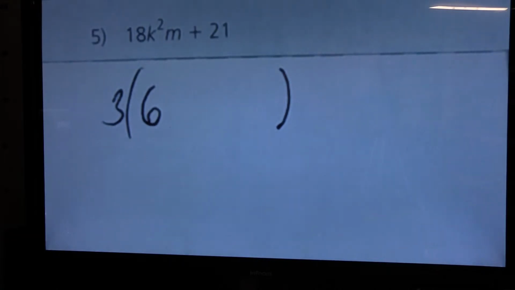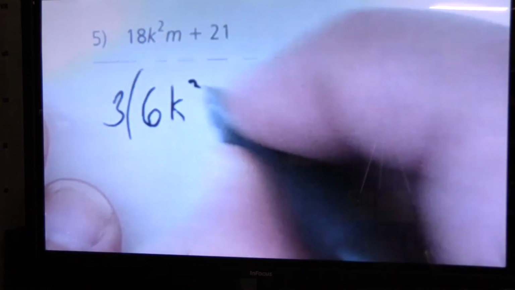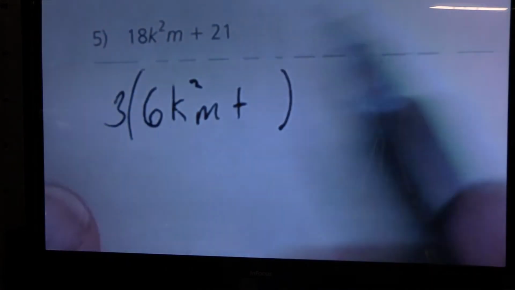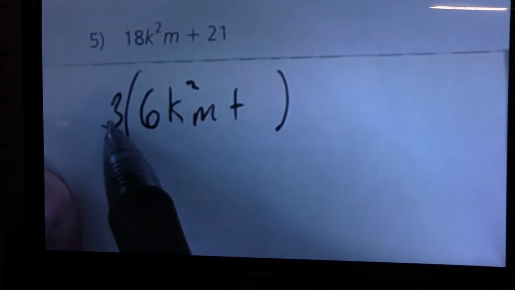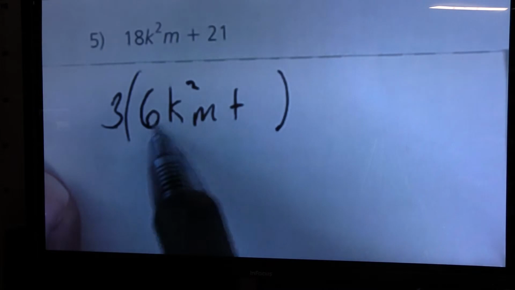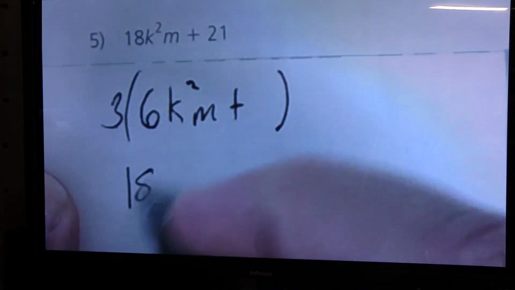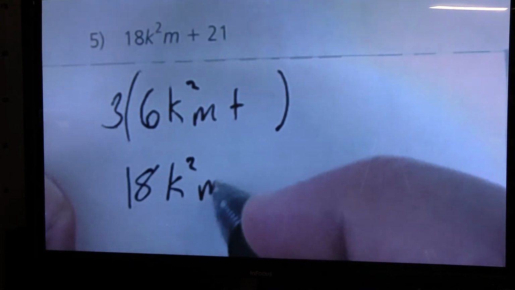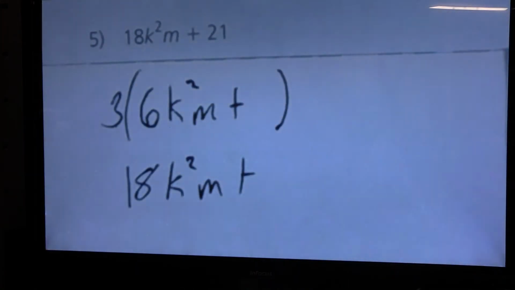In order for us to get 18k squared m, we're going to have to say 3 times 6k squared m. Just to prove it, if I say 3 times 6k squared m, I get 18k squared m. See that?